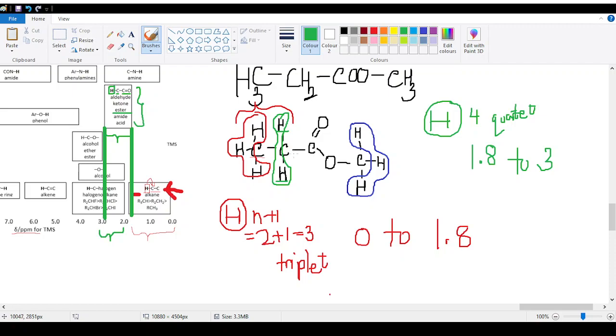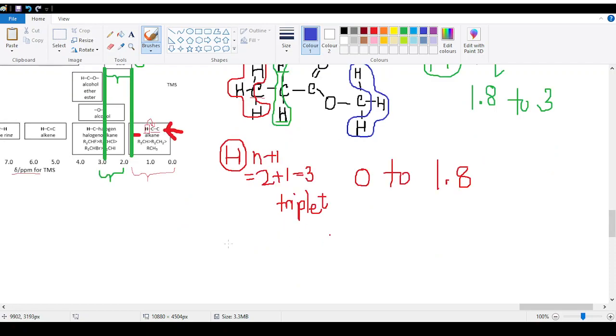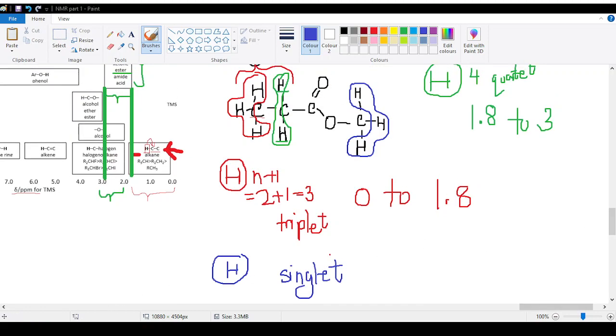And finally, you have the blue colored hydrogen atoms. For them, I think it will be a singlet, right? Because there is no neighbor. Don't you think it will be 0?